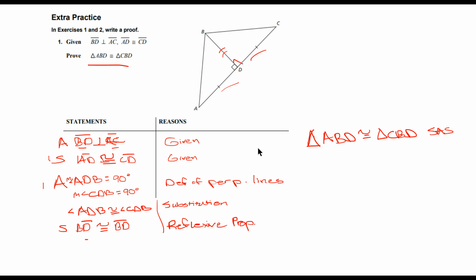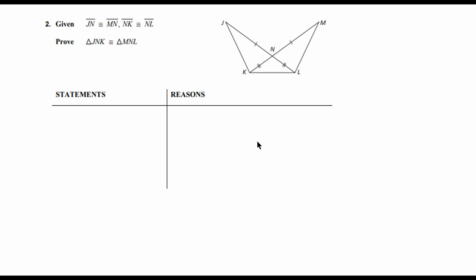All right, moving on. Here I have problem 2. JN is congruent with MN. NK is congruent with NL. Prove JNK is congruent with MNL, and so I go ahead and sort of trace it so I can see J, N, K is congruent with M, N, L. Okay, so from M to N to L. Awesome.